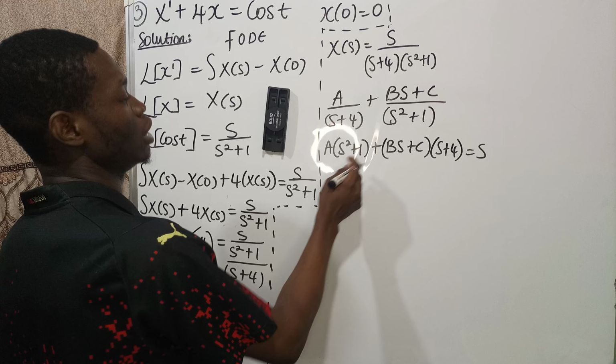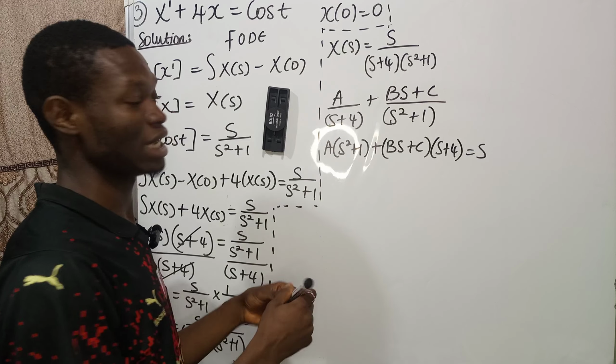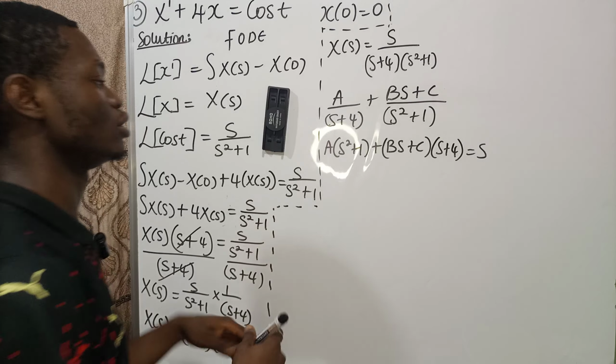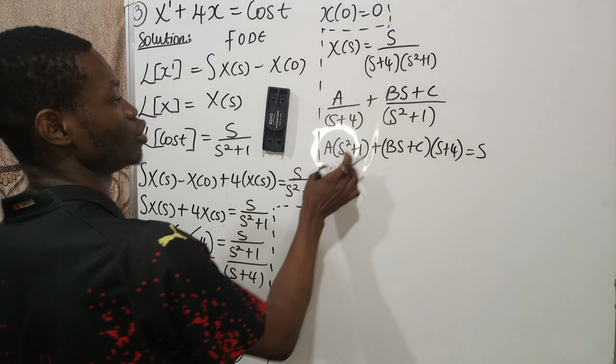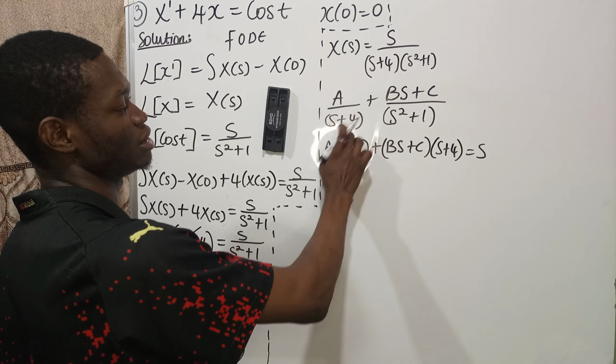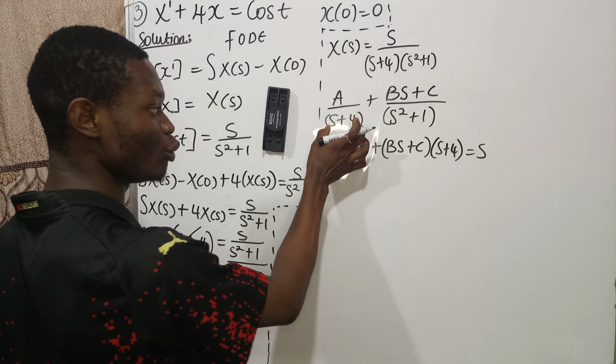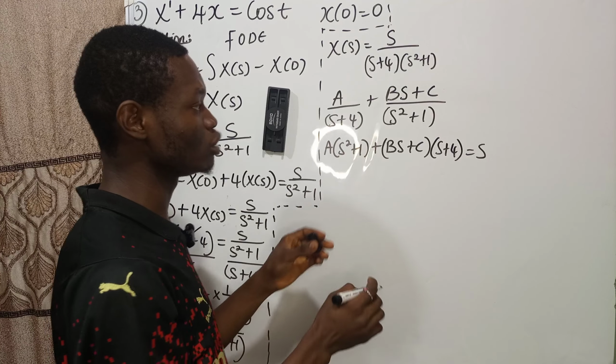So it's this one times this one. You can still find your LCM, so they are still the same thing. In order not to waste time, we are just going to use the shorter method. We set this one equal to 0.